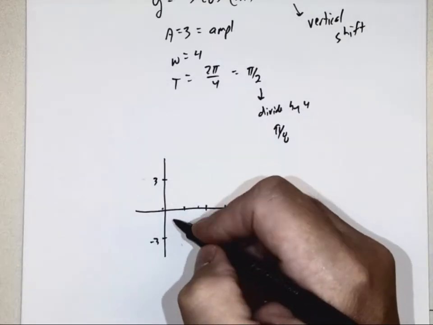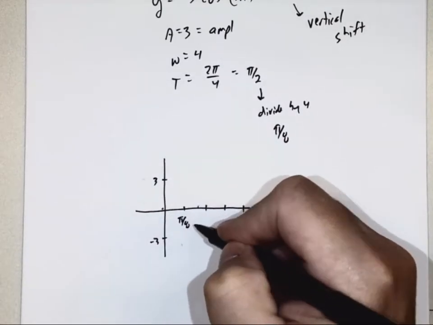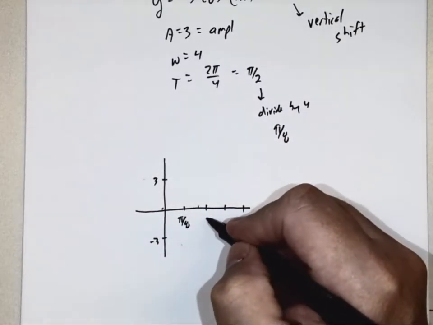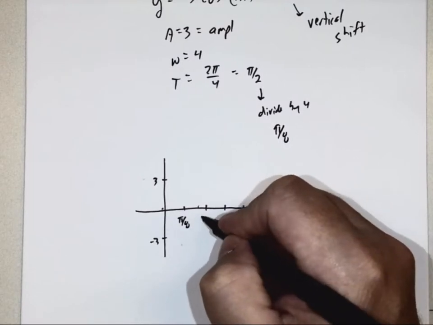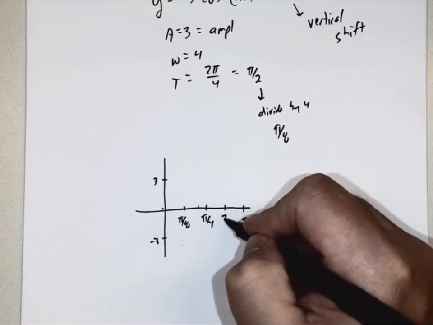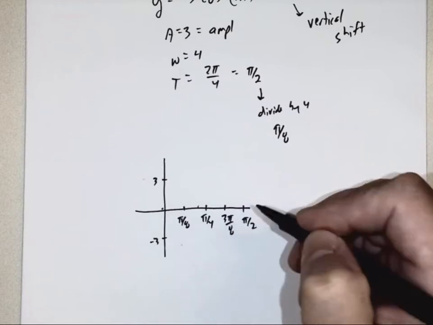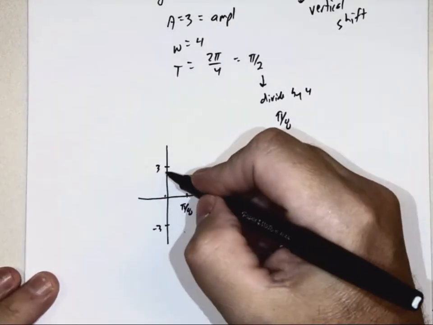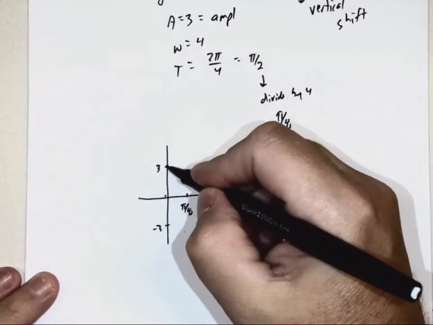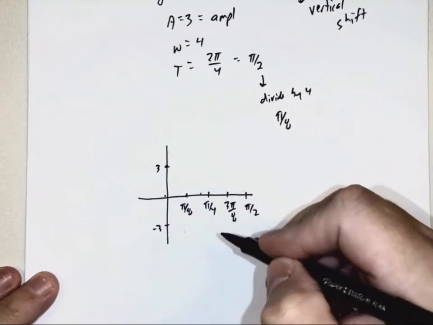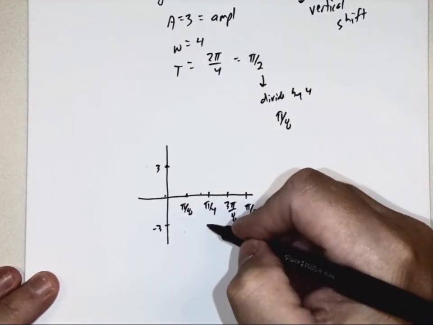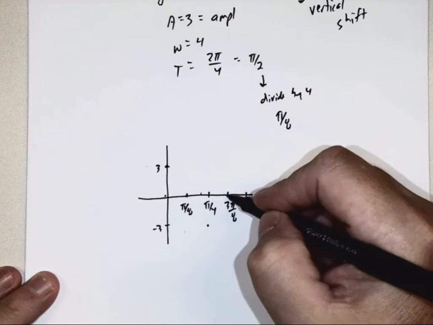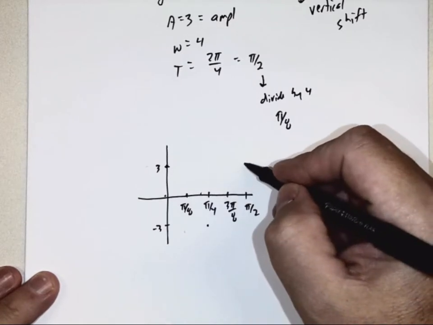Pi over 8, so I start here at pi over 8, and then this is 2 pi over 8, which is actually pi over 4. That's 3 pi over 8. And now, because it is a cosine wave, I know cosine starts high, then it goes to 0, then it goes low, then back to 0, and it ends high.